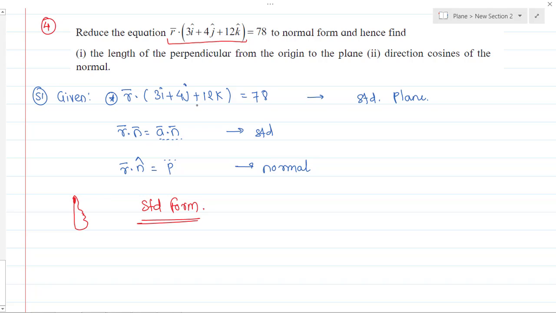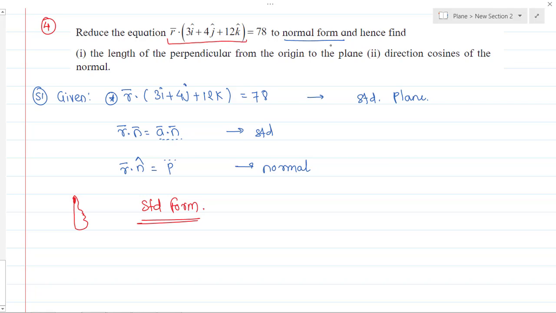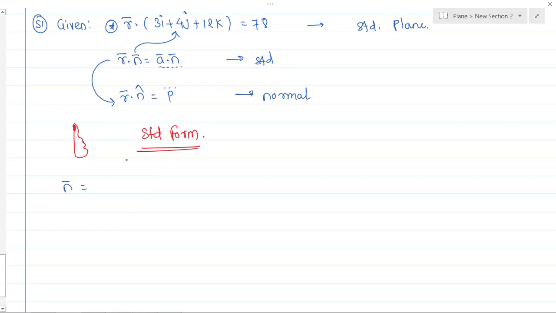Perfect. So let's take that standard equation and we have to reduce it to the normal form. So this equation we have to reduce to this form. If I compare these two equations, this becomes my n bar. So from that n bar, can you find out the n cap? Yes, why not? N cap is nothing but the vector divided by its magnitude.